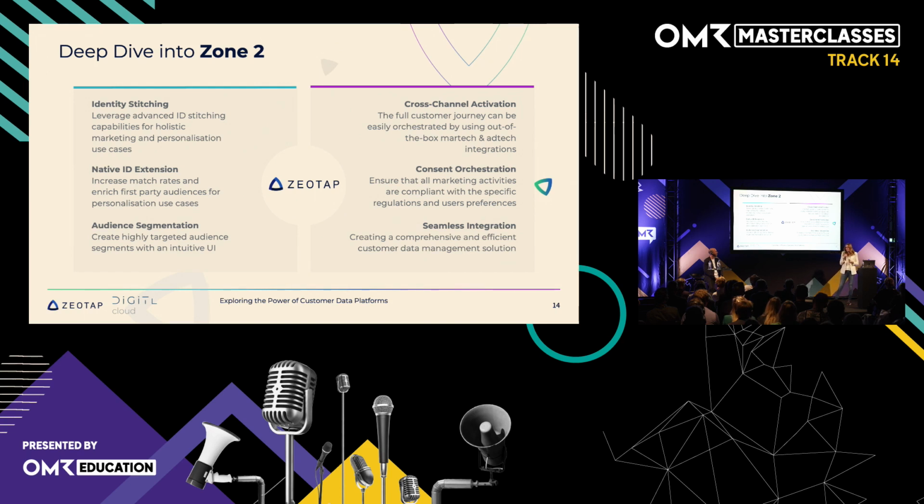And the next step, cross-channel activation. You want to use the full customer journey and easily orchestrate your activation and your segments in real time by, for example, using out-of-the-box MarTech and AdTech integrations or Symphony, Zeotap's user workflow.